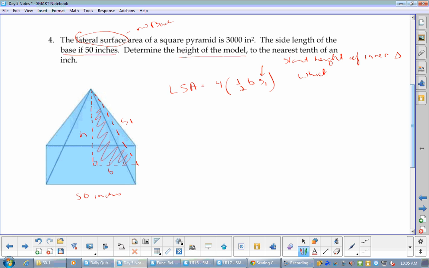which is the height, or let's call it altitude, of the lateral face. So we actually know what this B is, don't we? What is this B? 25.